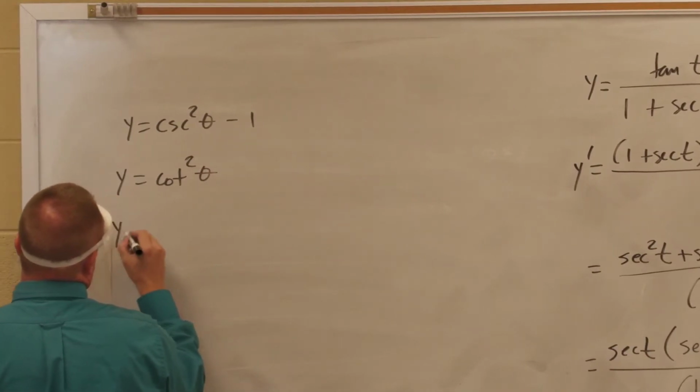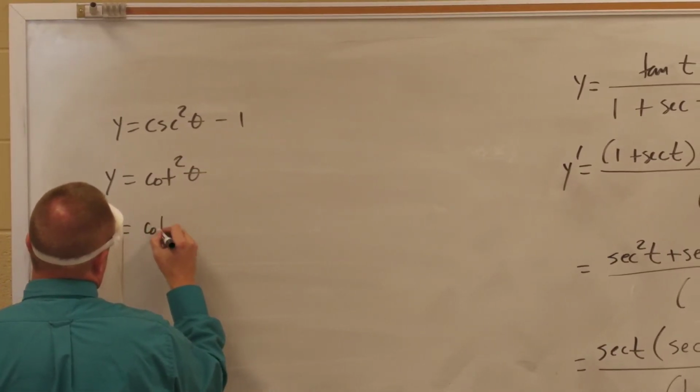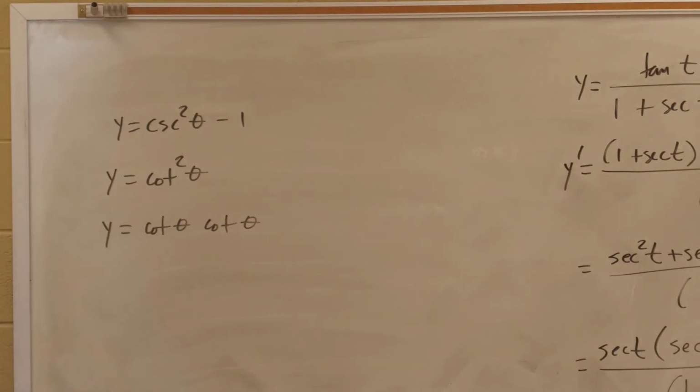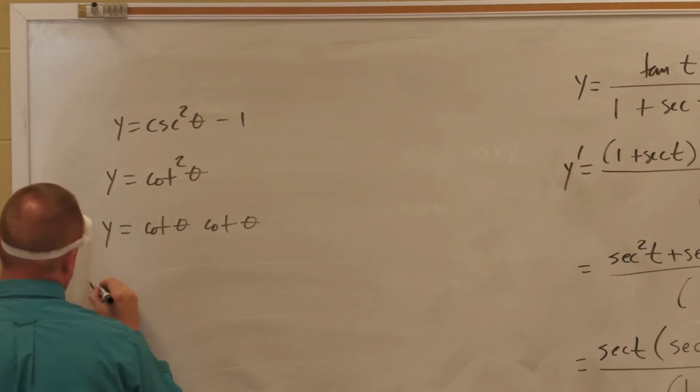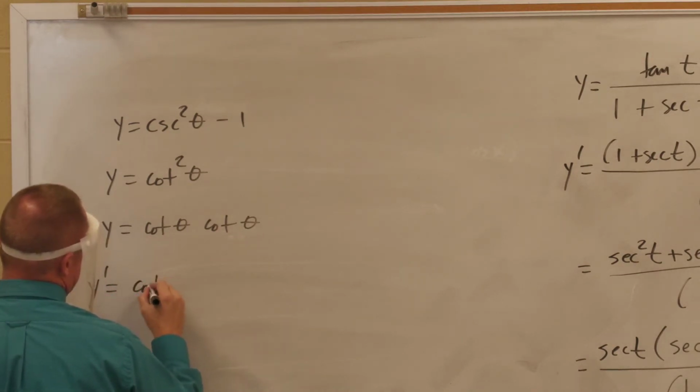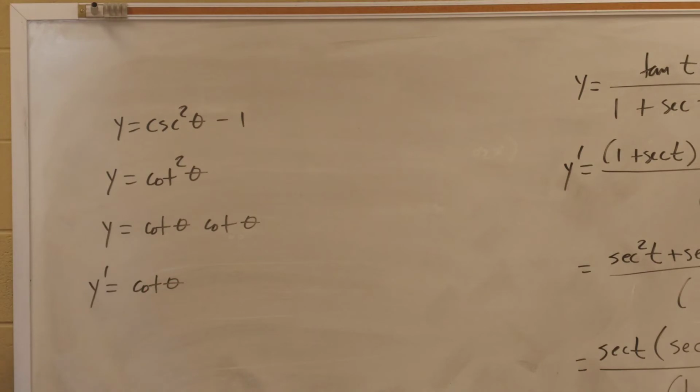and since I've got it written as cotangent squared, now I can say, all right, that's the same thing as y equals cotangent times cotangent, right? And I do know how to take the derivative of a product. Okay, so this will be first times derivative of the second. So cotangent theta, the derivative of cotangent is what? Negative cosecant squared, yes.